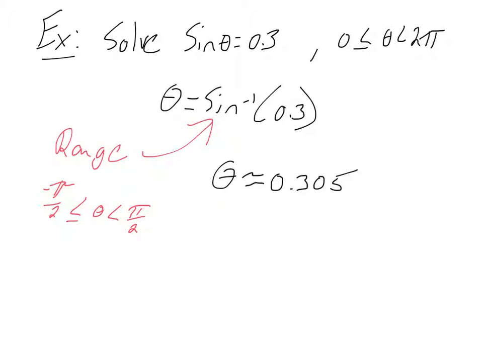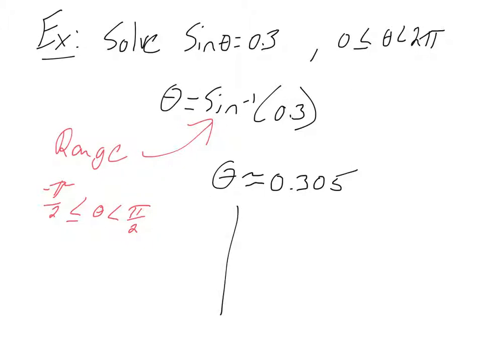All right, so in radians, is that between 0 and 2 pi? That's in the first quadrant. It's between 0 and 2 pi. Pi over 2 is 1.57, so 0.305 is less than pi over 2, so we know it's in the first quadrant.